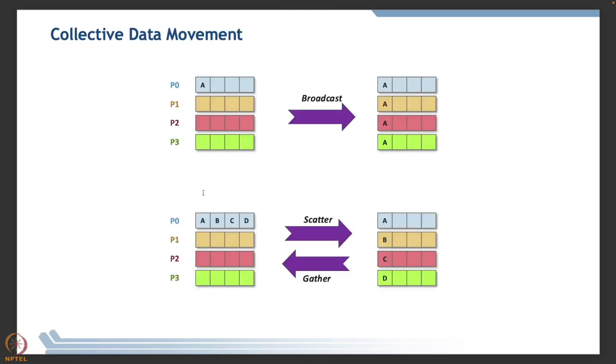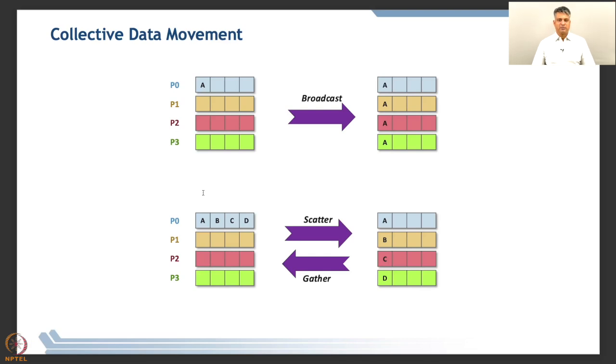How does collective data movement occur? Let us take an example where there are 4 different unique processes running, P0 to P3. They are also color coded and have certain memory or data allocated to them. You want to transmit the variable A to the first memory location of a particular array of the different processes.